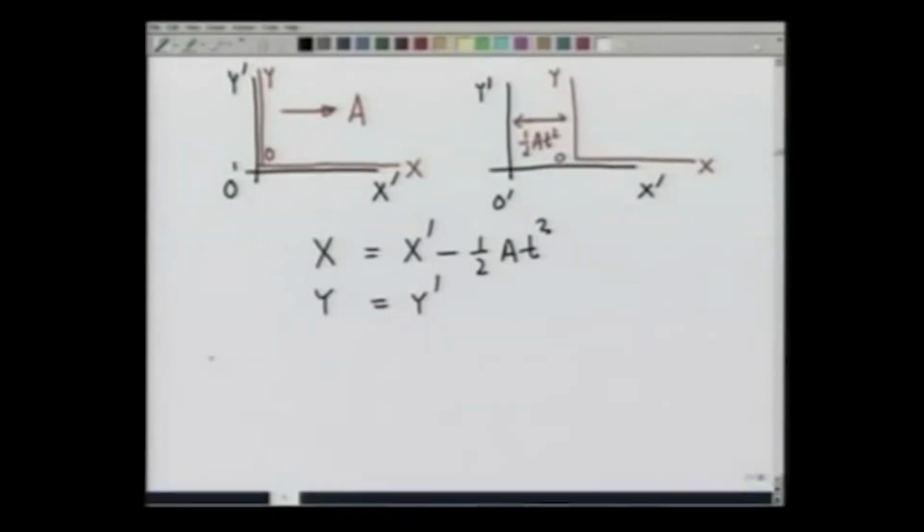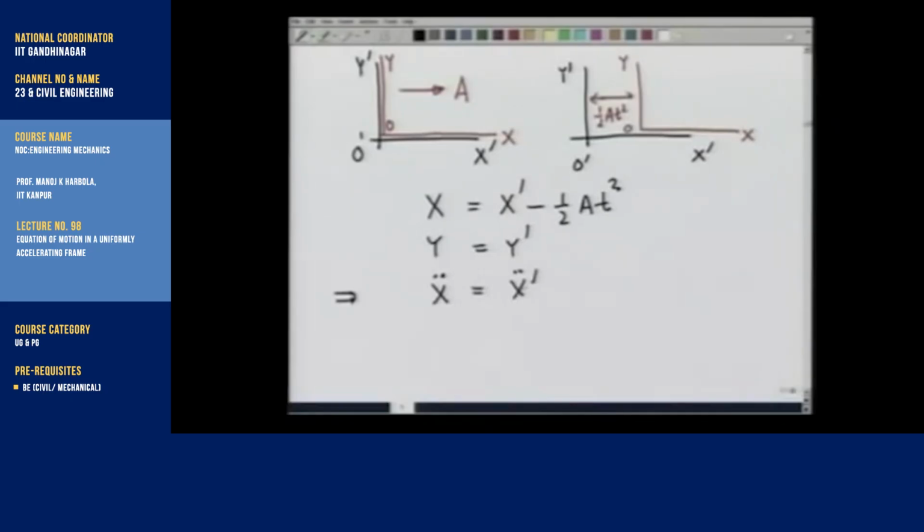Therefore, for a particle being observed in the two frames, x double dot would be equal to x prime double dot minus a, that is, the acceleration in the accelerating frame is x prime double dot minus a. y double dot will be y prime double dot.